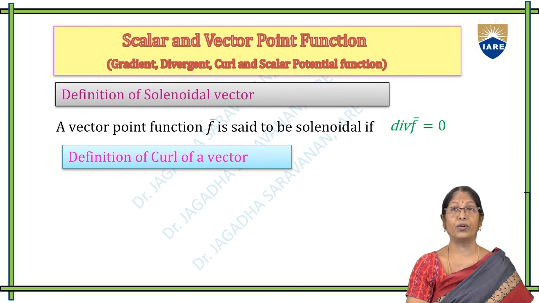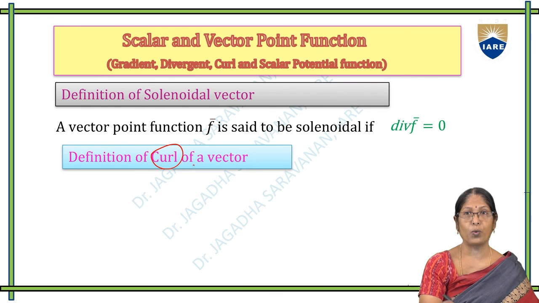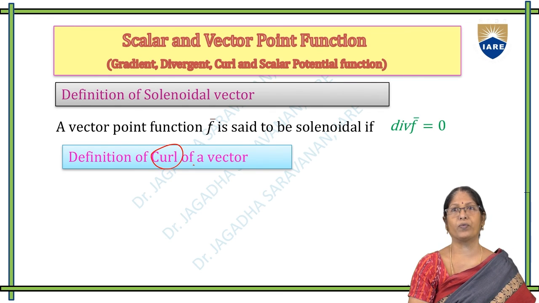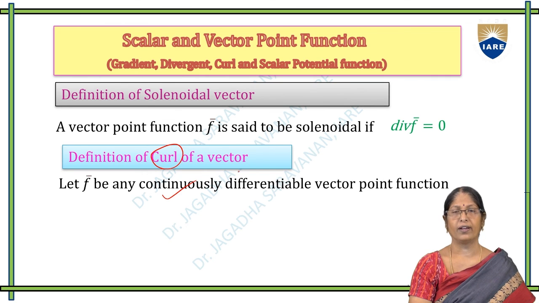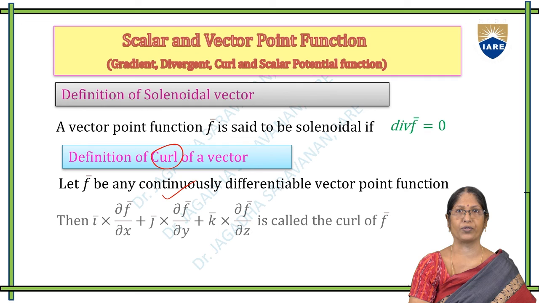Curl of a vector. To remember: in divergence the dot product will dominate, whereas in curl of a vector the cross product will dominate. So if you are taking the cross product, f vector is a continuous and differentiable vector point function.